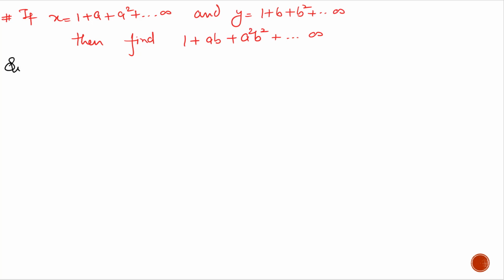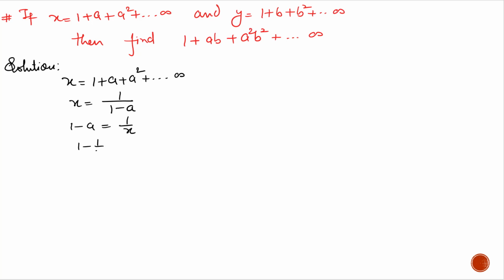So starting with the first one, x is given 1 plus a square and so on. It is an infinite GP. The formula of an infinite GP is A upon 1 minus R. So here A is 1 and R is a. So after simplification, we'll get the value of a, x minus 1 upon x.